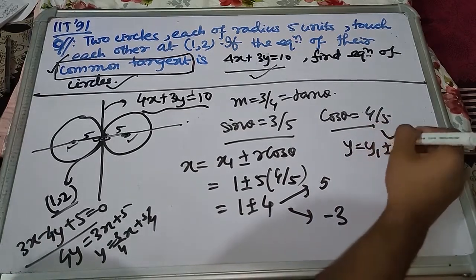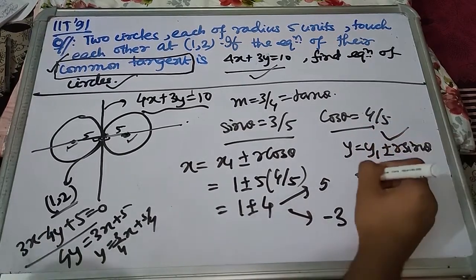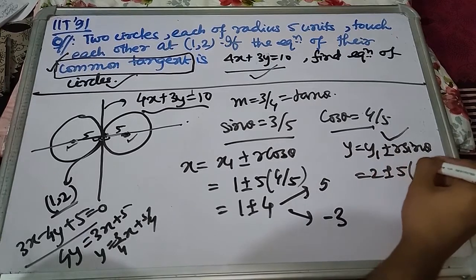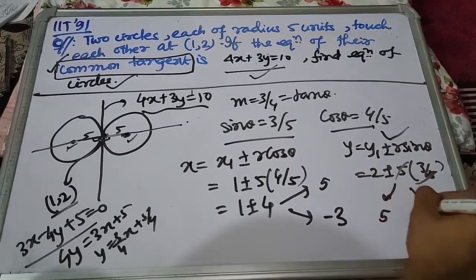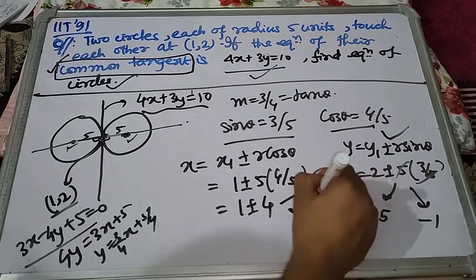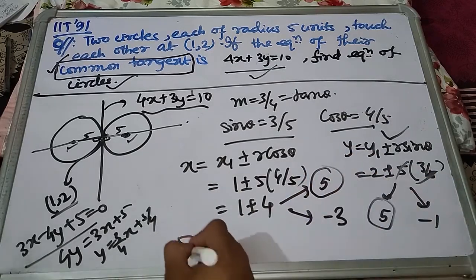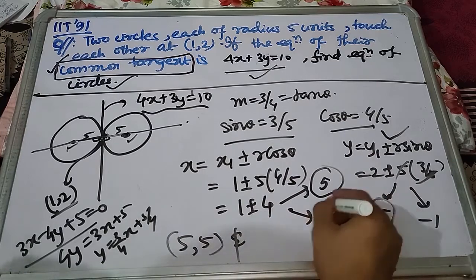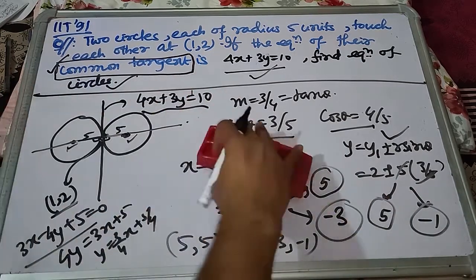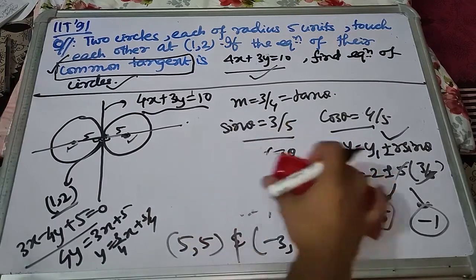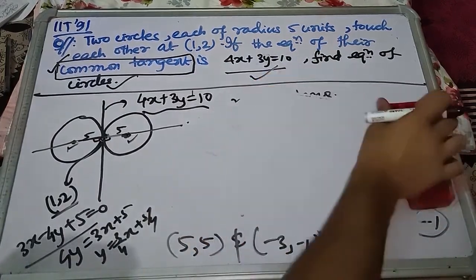Similarly, y equals y1 plus minus r sin theta: 2 plus minus 5 into 3 by 5. This becomes either 5 or minus 1. Therefore, considering this and this, we have the pair (5, 5) and (minus 3, minus 1). These are the center coordinates of the two given circles.